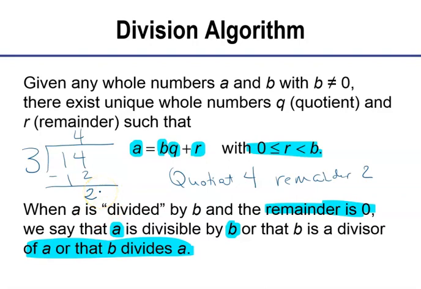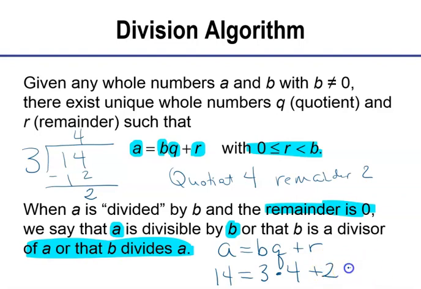Now, if we put this in the division algorithm, and remember the division algorithm is right here, A equals B times Q plus R. So our A is our dividend. So we have 14 is equal to B, which is our divisor, 3, times Q, which is our quotient, 4, plus R, which is our remainder, 2.